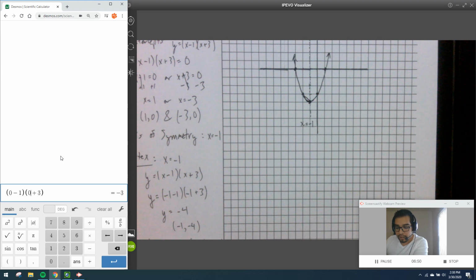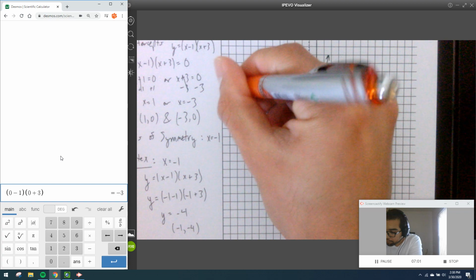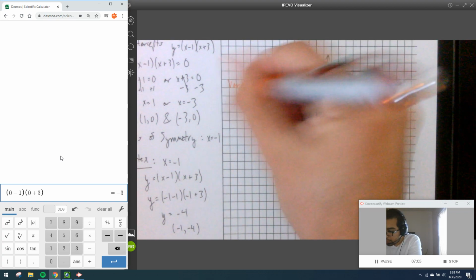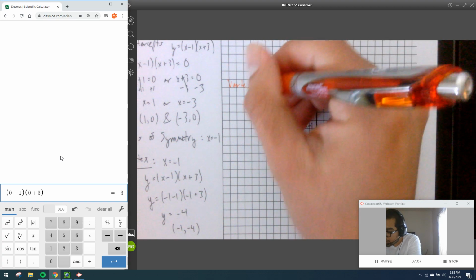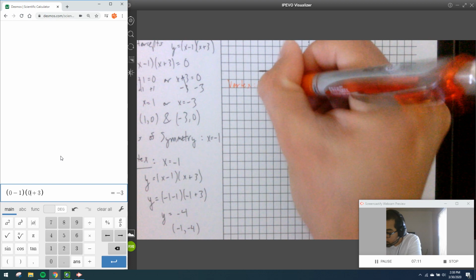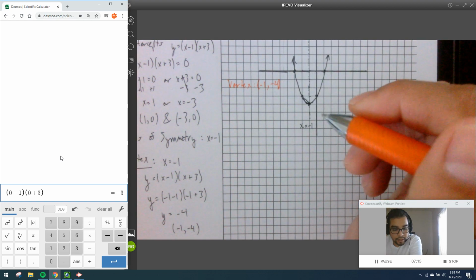Now let's go ahead and put all the key features together. Some of the things that I want you to find for these. All right, so this one here, the vertex for this graph, we found that the vertex is -1, -4. Okay, -1, -4.